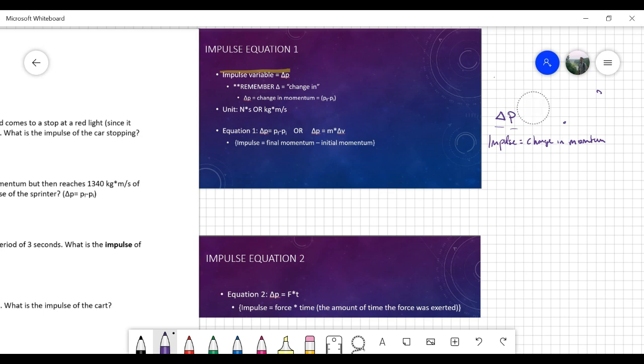Alright, let me get rid of that real quick. The next thing you need to know are the units. Unfortunately, this is a little confusing. There are two different acceptable standard units that we use for impulse: newtons times seconds, or kilograms times meters per second.